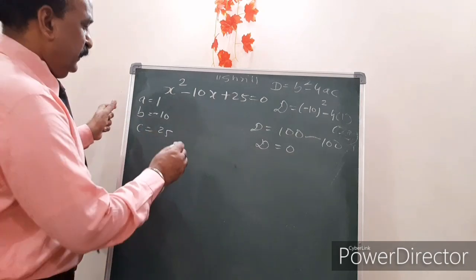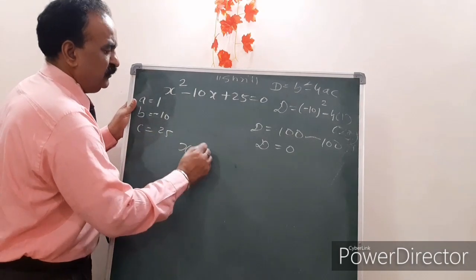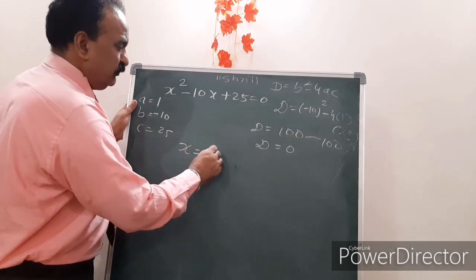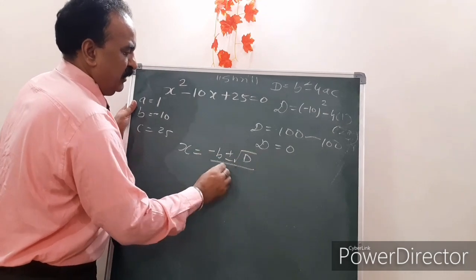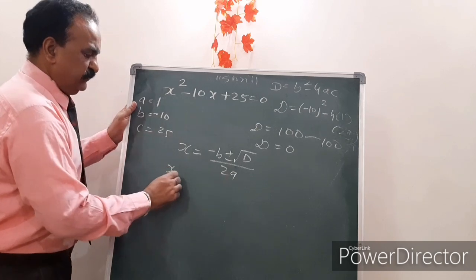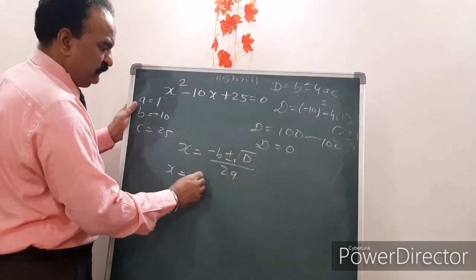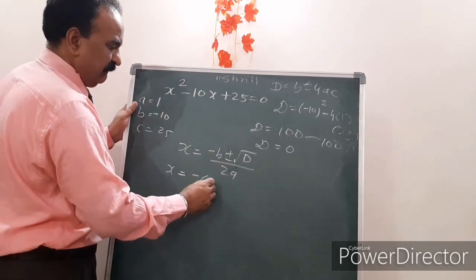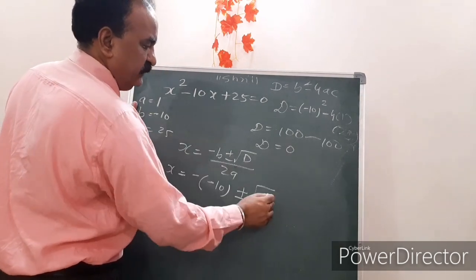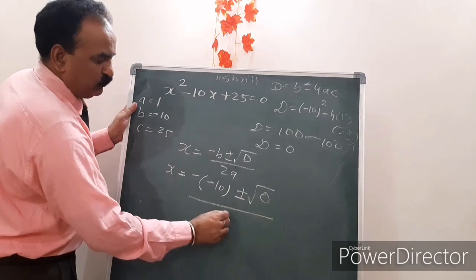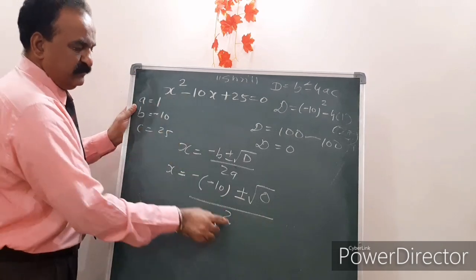See how? x is equal to minus b plus minus under root D upon 2a, this is your formula. So x is equal to minus into bracket minus 10 plus minus under root D, which means 0, upon 2a, which means 2 into 1, so 2.